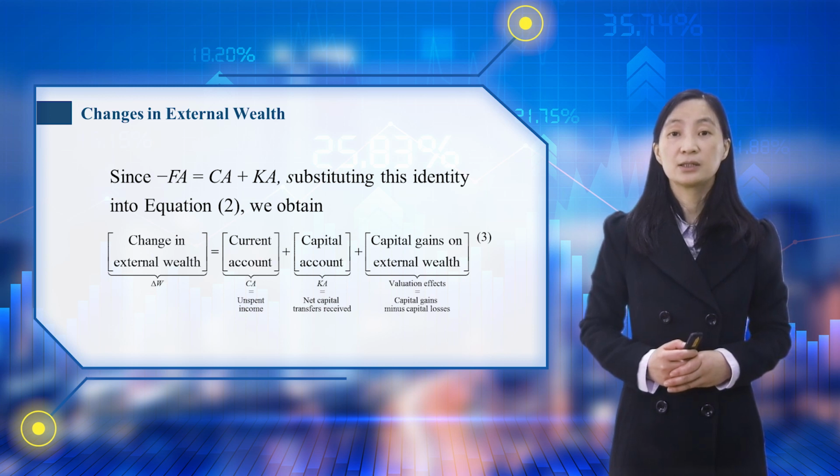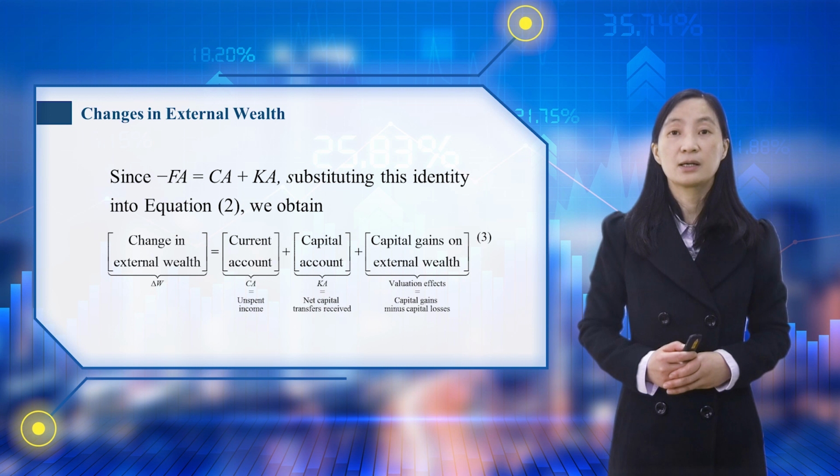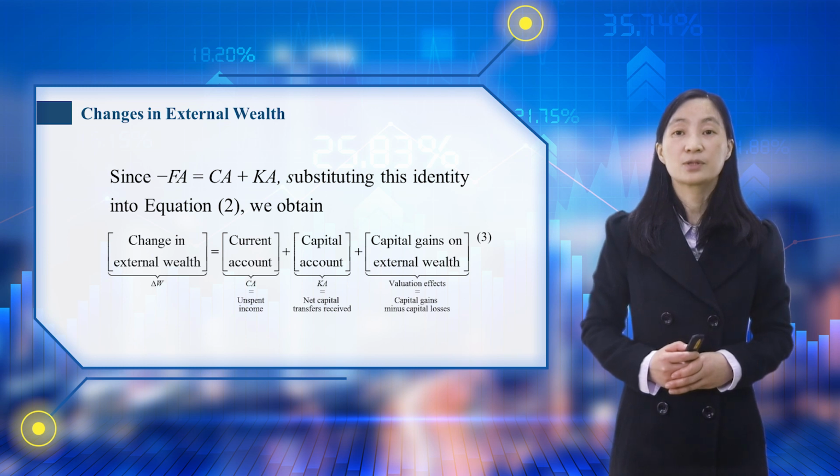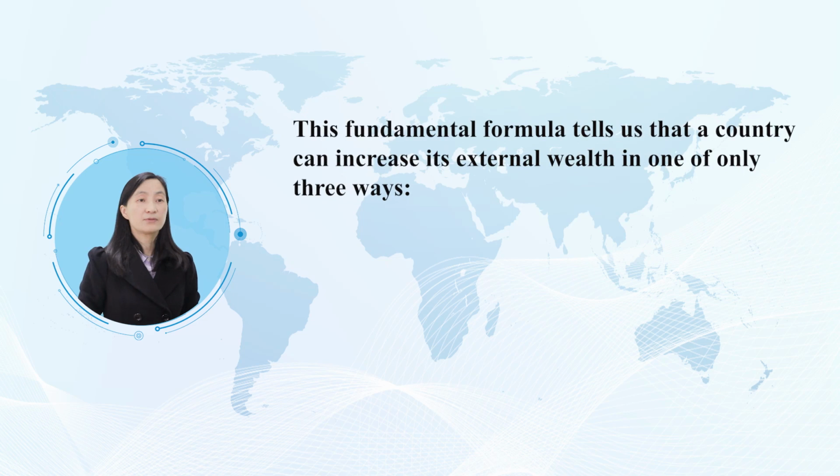Substituting this identity into equation 3, we obtain: change in external wealth equals current account CA plus capital account KA plus capital gains on external wealth. This fundamental formula tells us that a country can increase its external wealth in only 3 ways.